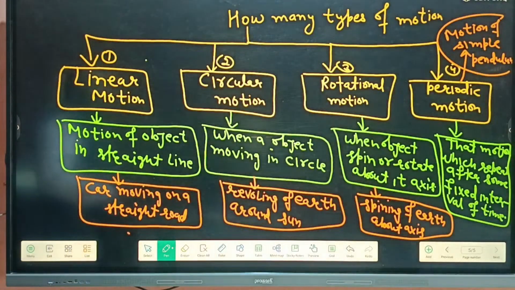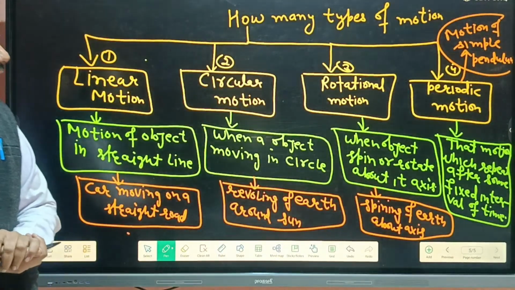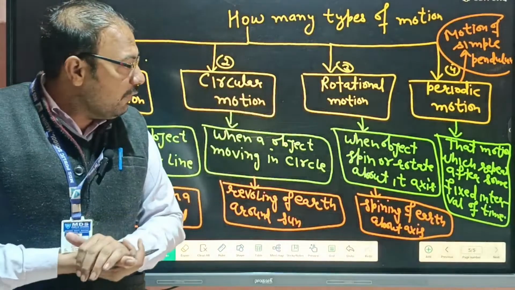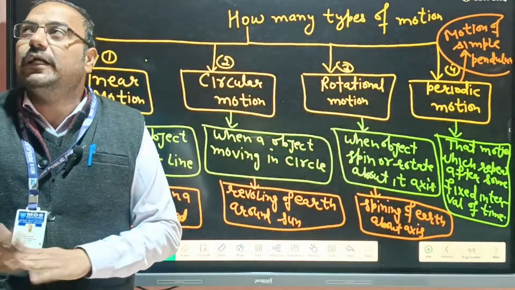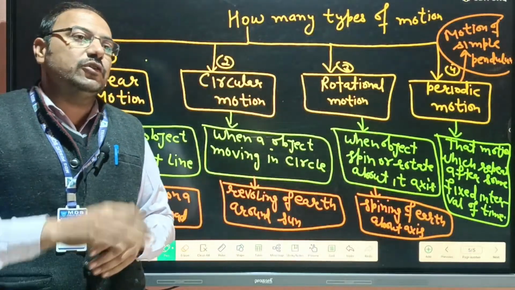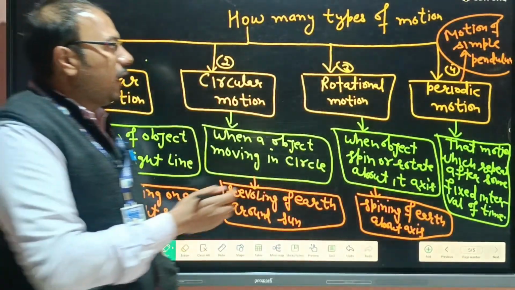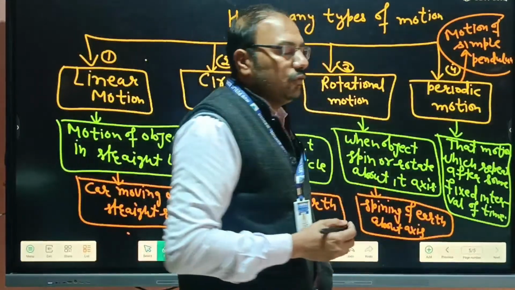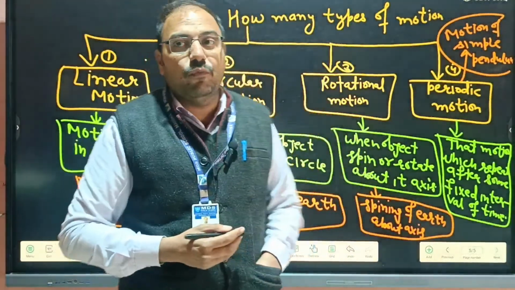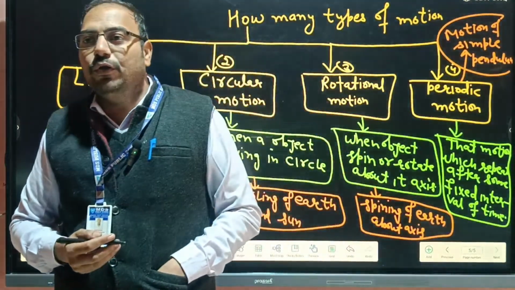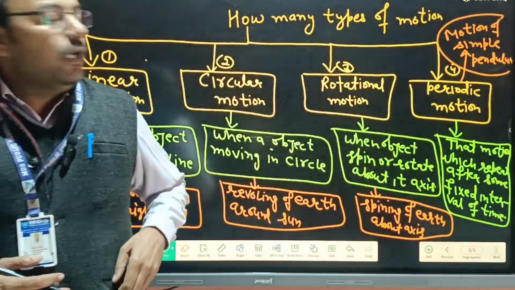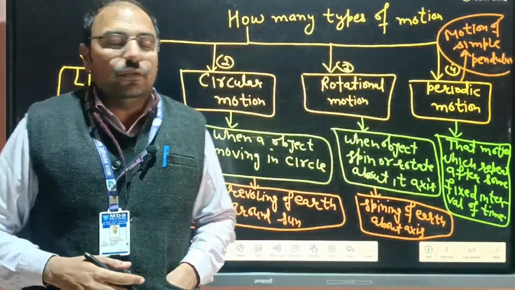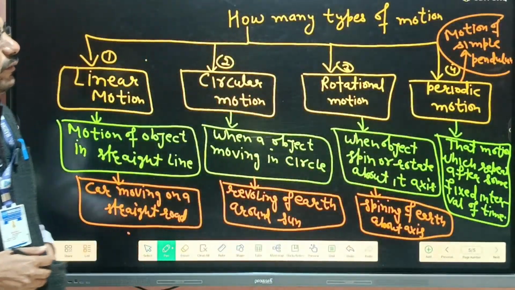Rotational motion, when an object spins or rotates about its axis, that is spinning of the Earth, and a fan moving about its axis. And last one, periodic motion: a simple pendulum, the motion of your hand during walking, and the motion of a swing are also periodic motion.